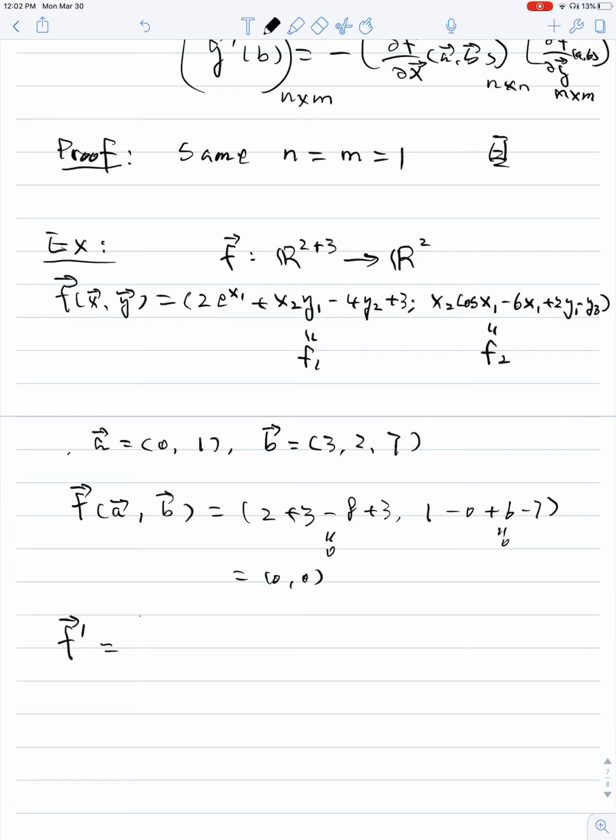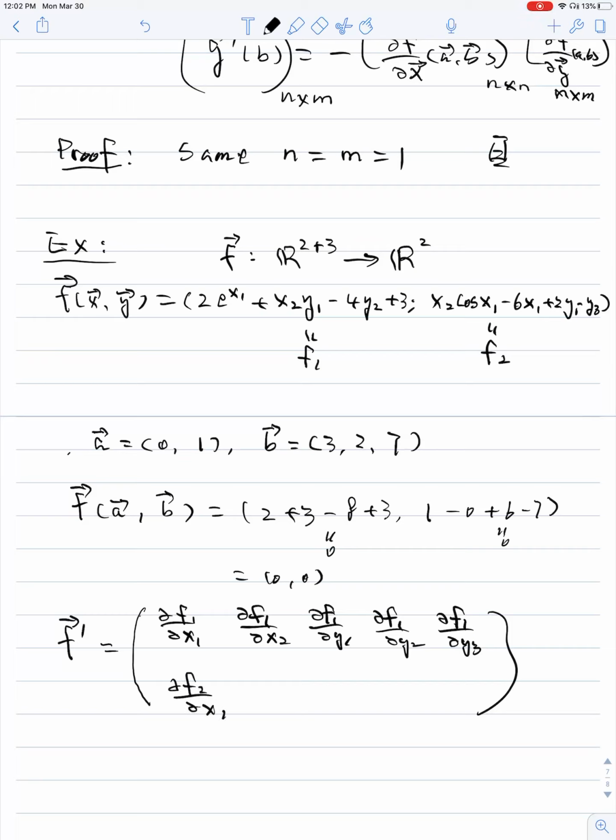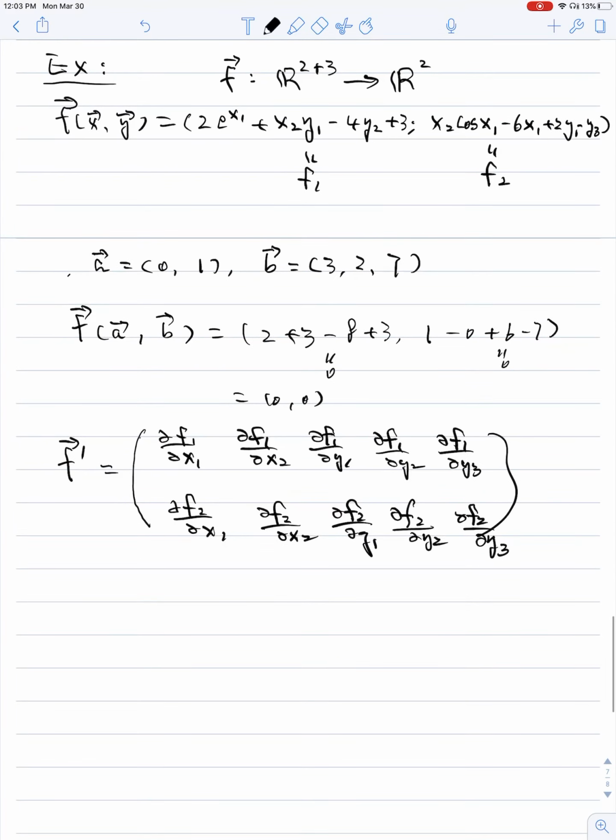So this is df1/dx1, df1/dx2, df1/dy1, df1/dy2, and df1/dy3, and you do the same thing for f2: df2/dx1, df2/dx2, df2/dy1, df2/dy2, and df2/dy3.